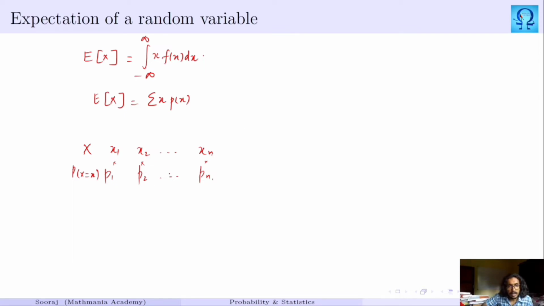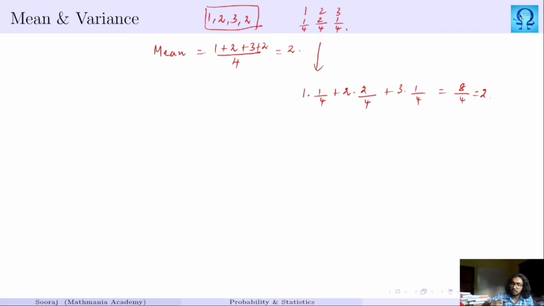The same thing we are doing: along with each possible value, we multiply the density and integrate in the case of a continuous random variable. Expectation is the same as the mean. Mean is denoted as mu, which is nothing but expectation of x.